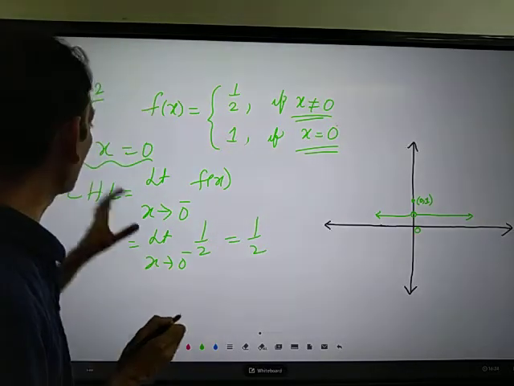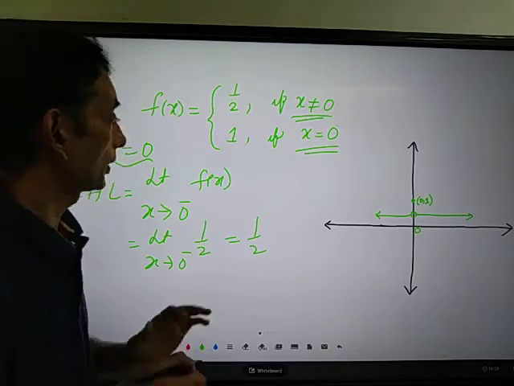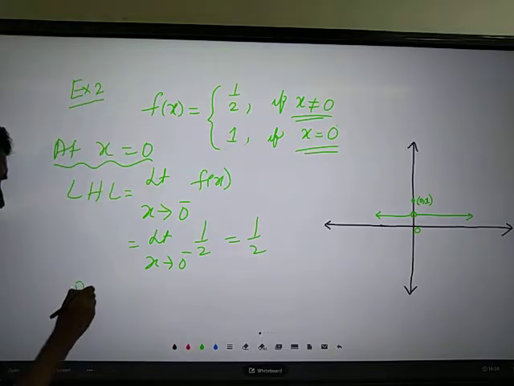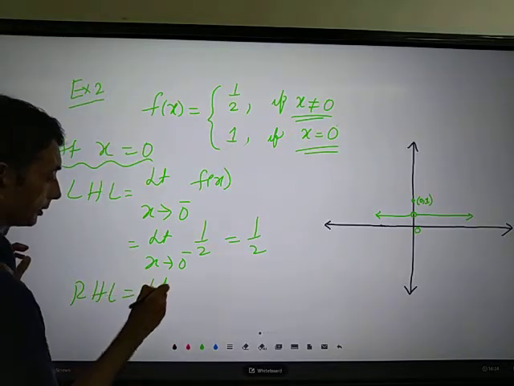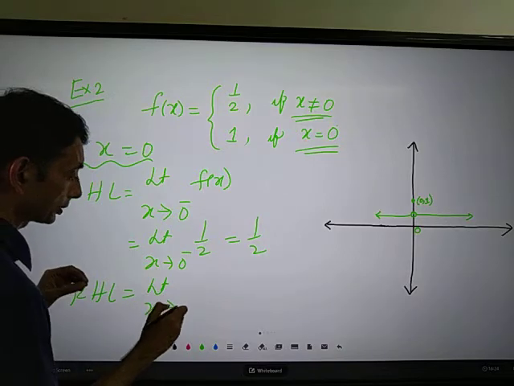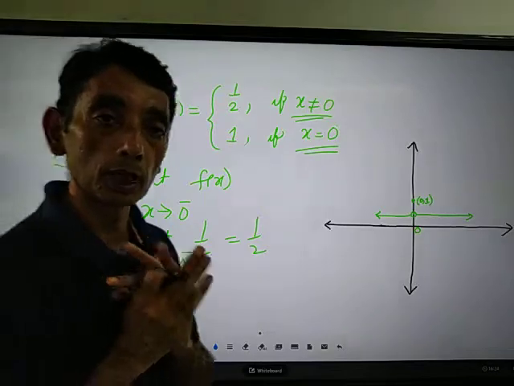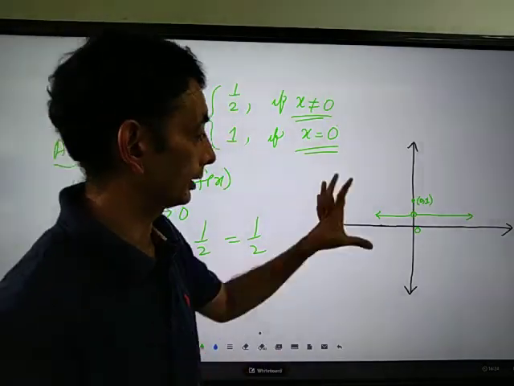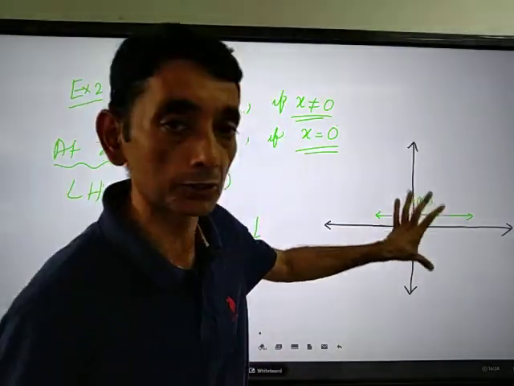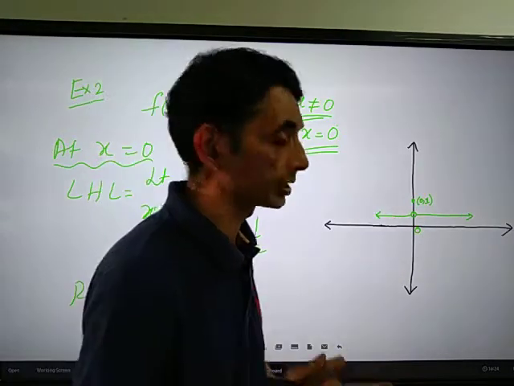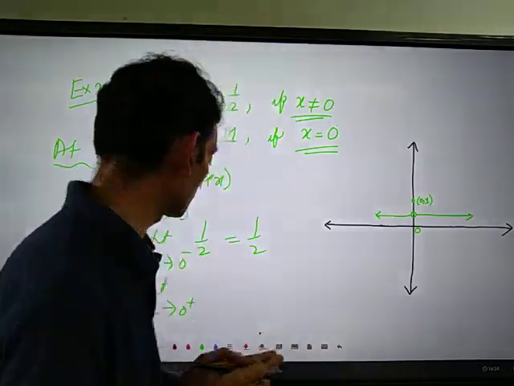Similarly, you can calculate the right hand limit. You know how to calculate this, but I still need to show you so that we can stress the point of whether this function will be continuous, and in case the function is not continuous, at what point it is not continuous.